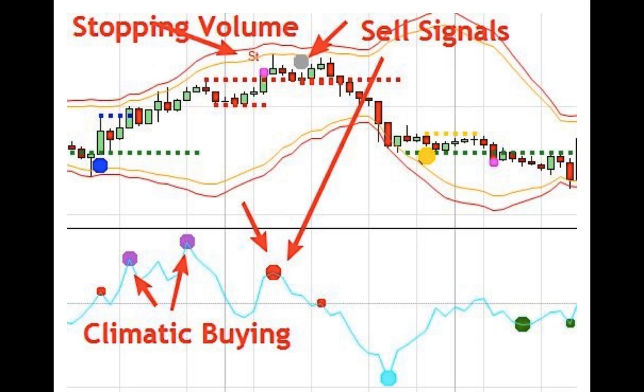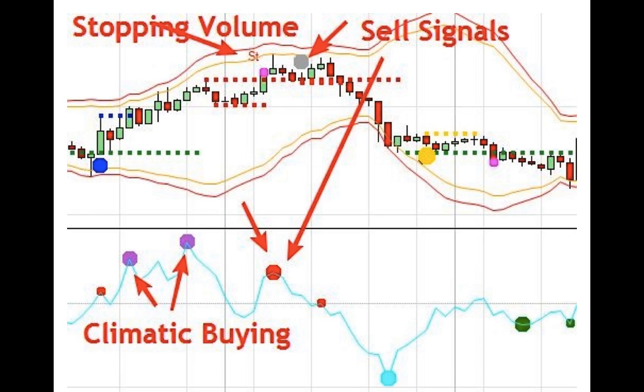So this is an example. This is a 1 hour chart of the Euro Aussie dollar. As you can see, first you get this climactic volume. This is the purple circles at the bottom. You get climactic volume. Now it's important to remember not to just reverse your position when you get climactic volume, because usually the markets don't stop there.